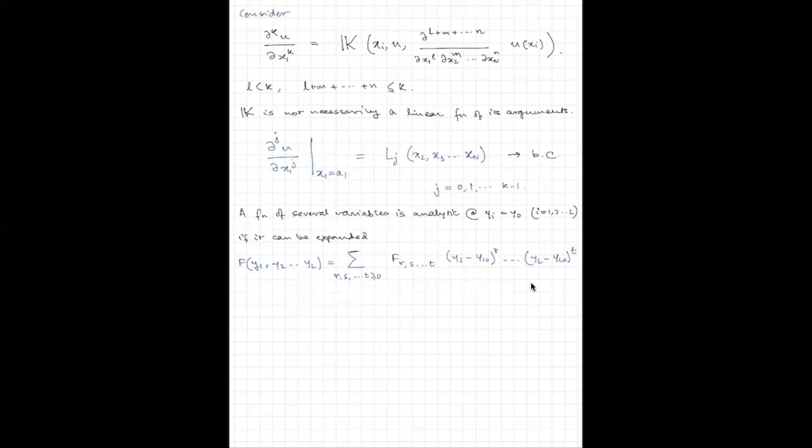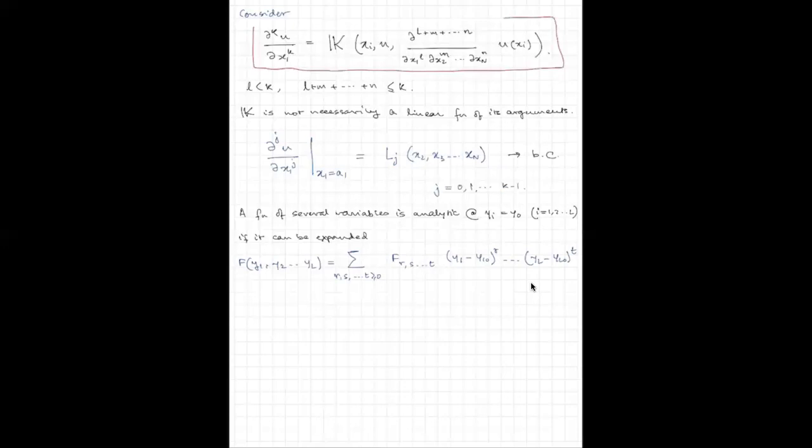So let's take this equation and call it equation A. Maybe let's box this equation. So this boxed equation then means the following.